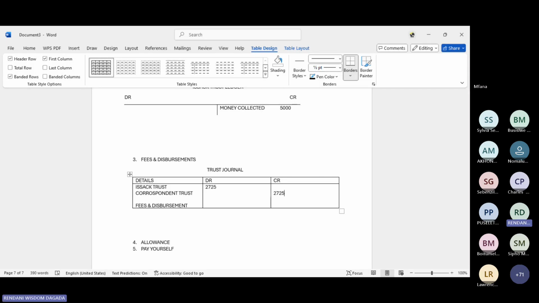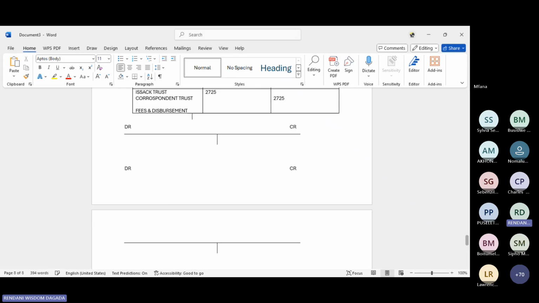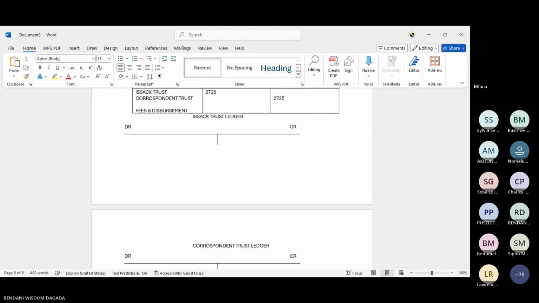2725. Total minus EFT. And then we are going to have our 2 ledgers here, number 1 and number 2. The first one, we're just going to call it Isaac Trust Ledger. The number 2 one, we're going to call it the correspondent trust ledger. Okay, so we are going to do double entry. For Isaac, it's on the debit side, fees and disbursement 2725.